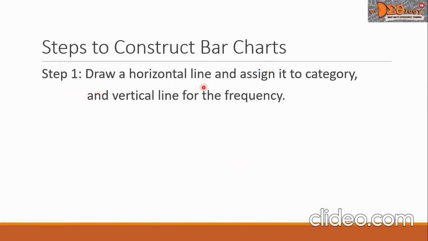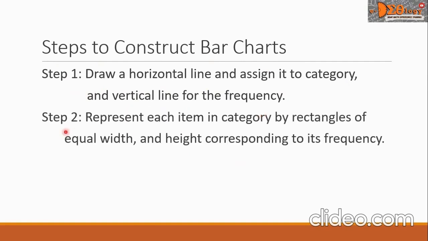Draw a horizontal line and assign it to category, and a vertical line for the frequency. Step 2. Represent each item in category by rectangles of equal width and height corresponding to its frequency.